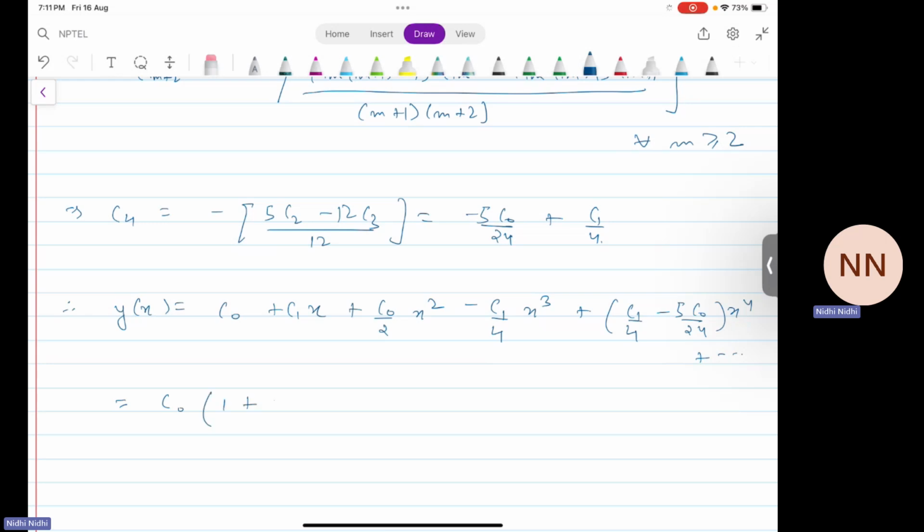C naught times 1 plus x square by 2 minus 5 by 24 x power 4 and so on, plus C1x times 1 minus x square by 4 plus x cube by 4 and so on. So this is our solution.